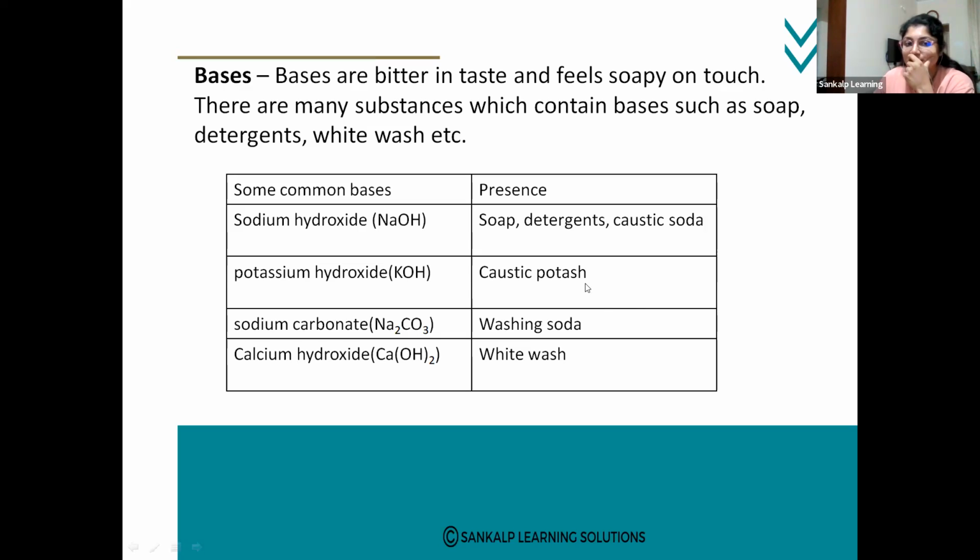Then in washing soda, which base is present? It is sodium carbonate, not bicarbonate. Sodium carbonate is present in washing soda. Then in whitewash, the base present is calcium hydroxide. So these are some of the bases.